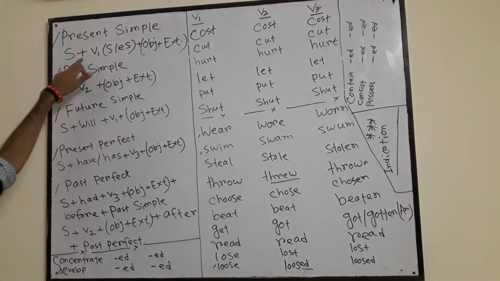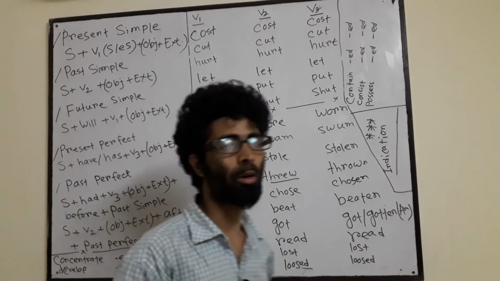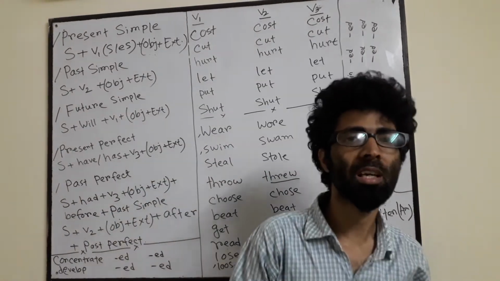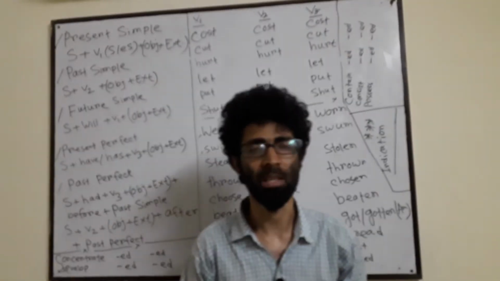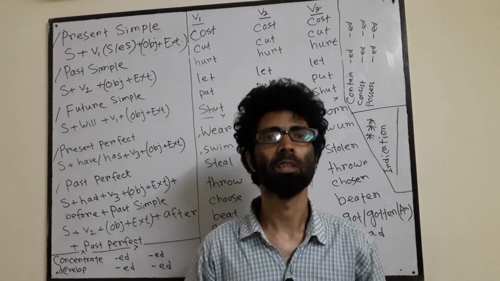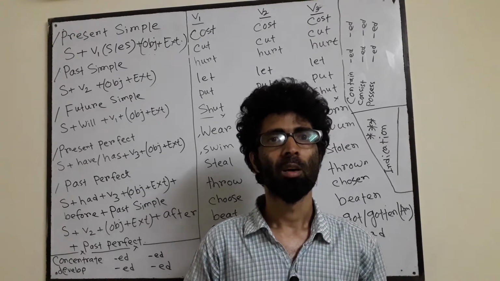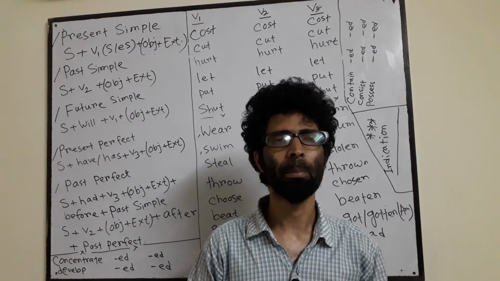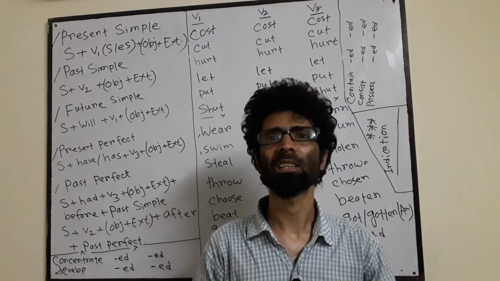And what's the indication? There are some indications for present simple. Generally, we use this present simple tense when we see something happens normally, generally, habitually, or when something happens all the time, there is nothing changed.